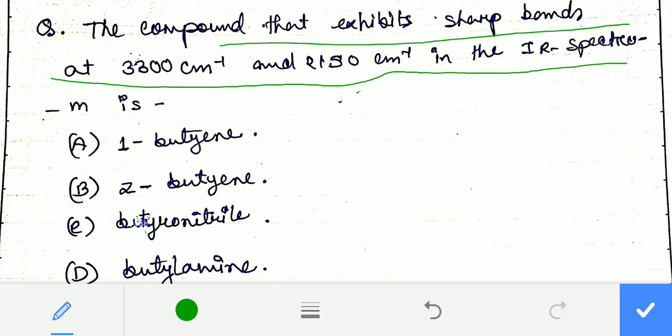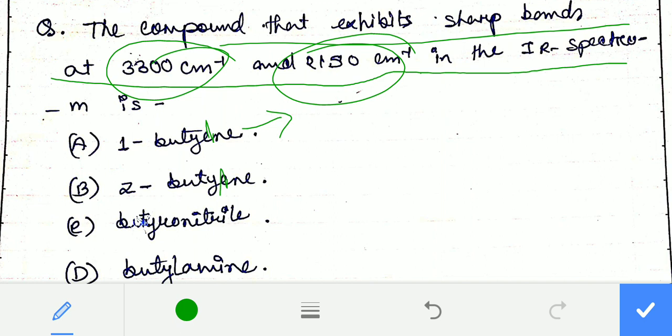The options given are: A, 1-butyne, so it is yne; B, 2-butyne; option C, butyronitrile; and option D, butylamine. Now, the IR spectrum comes in the region 3300 and 2150 per centimeter. Let me first draw the structure of each compound.